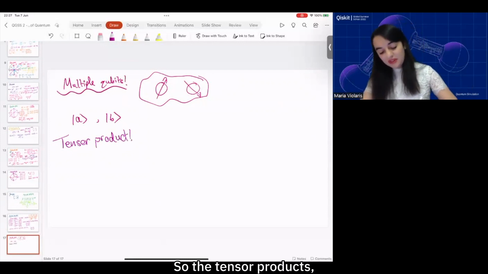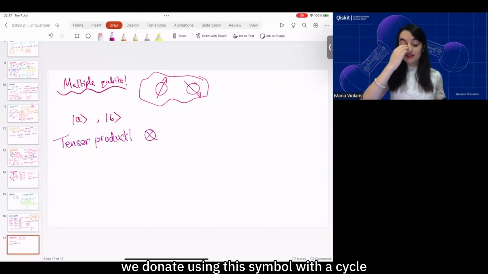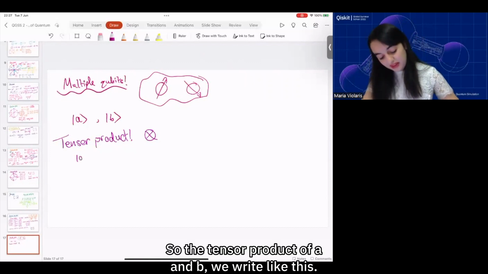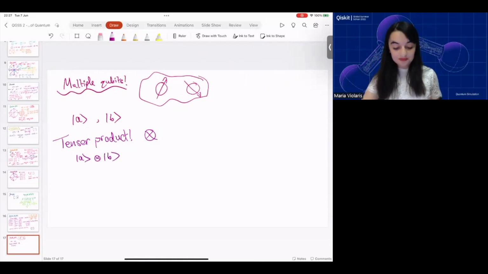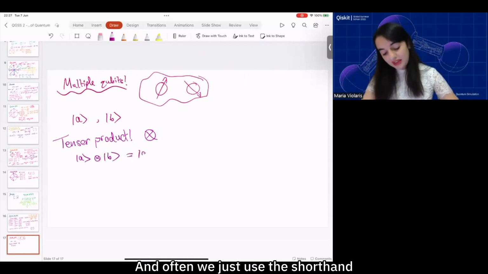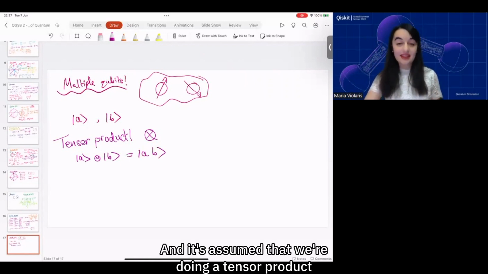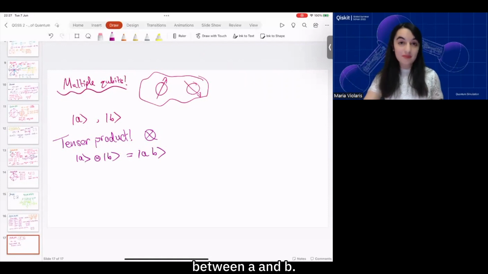So the tensor product we denote using this symbol with a circle and a cross in the middle. So the tensor product of A and B we write like this. And often we just use the shorthand of writing it all as one ket, and it's assumed that we're doing a tensor product between A and B.